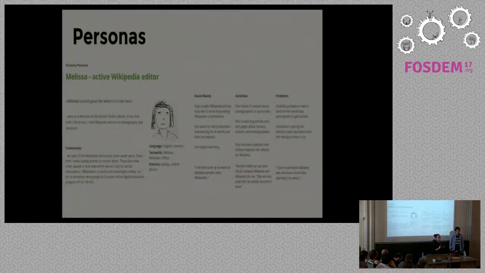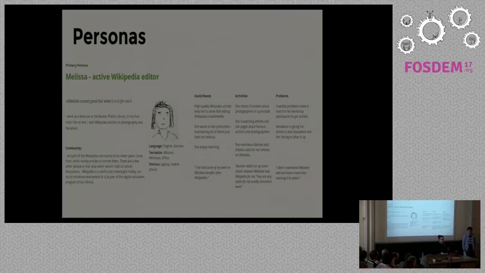Those are profiles of functional users, and they have a role, they have a name, they have specific problems, they're in a specific place in their life, they have specific activities, and this helps when developing to relate the things you're doing to someone. So you're not doing it for some generic person, but you try to envision, I'm programming this for Melissa because she needs this exact function. And yeah, this is usually a very helpful tool.